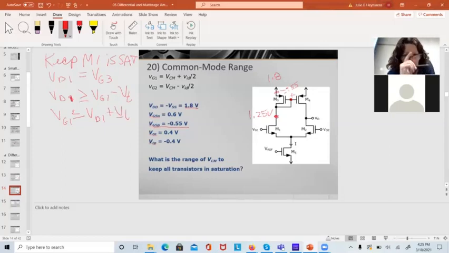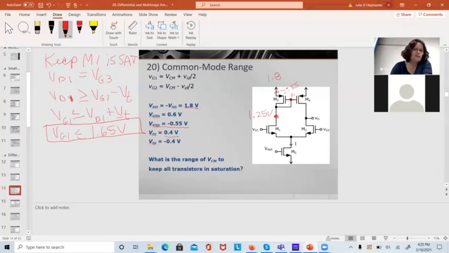We know what VD1 is. We know what VT is. VT is positive 0.4, VD1 is 1.25. So VG1 has to be less than or equal to 1.65 volts. So that gives us one limit on my common mode voltage, because VG1 is the common mode voltage.